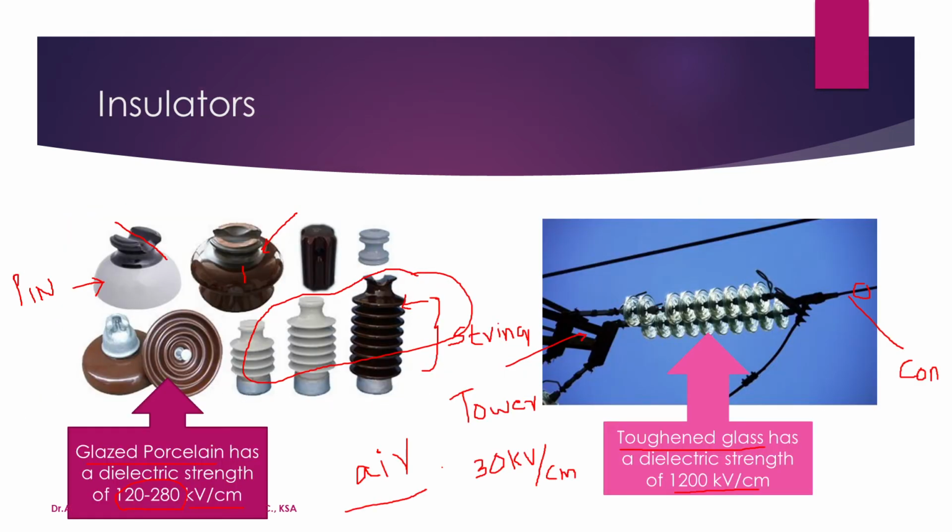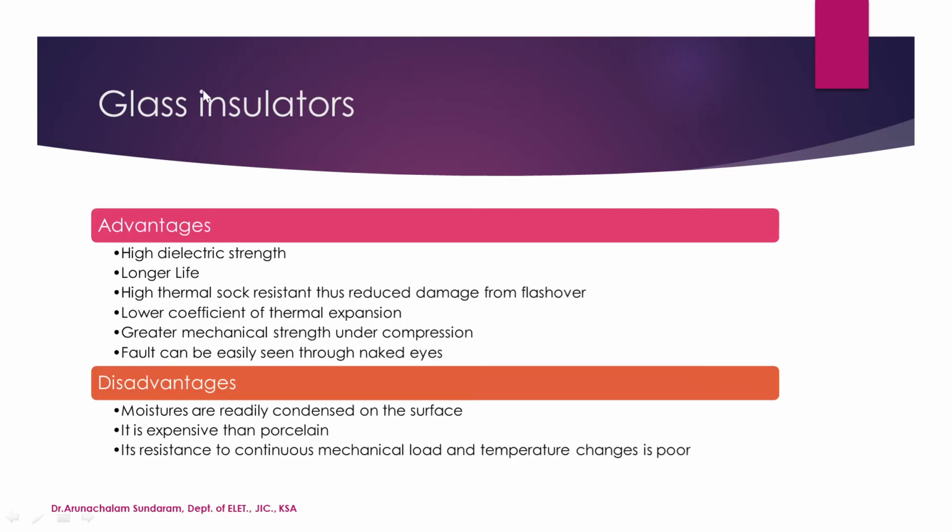As I told you before, porcelain has a lesser dielectric strength compared to glass. Glass has very high, 10 times more dielectric strength, but glass is not used. Porcelain is widely used. We will compare the advantages and disadvantages of the glass insulator with respect to porcelain.